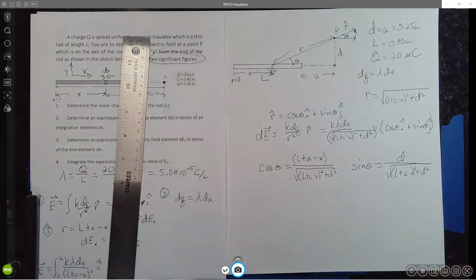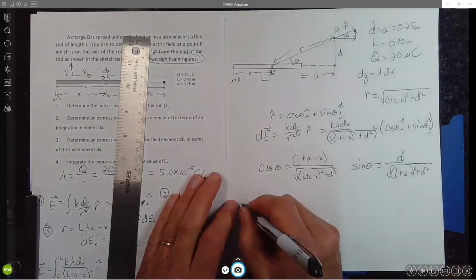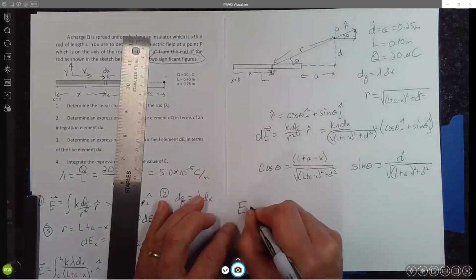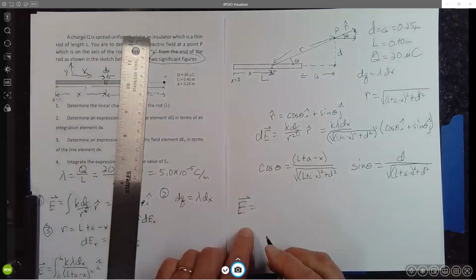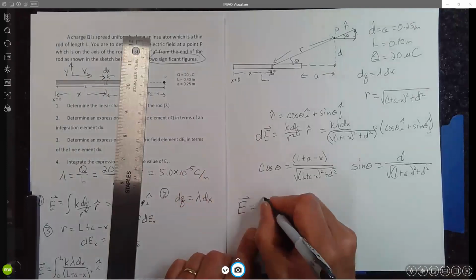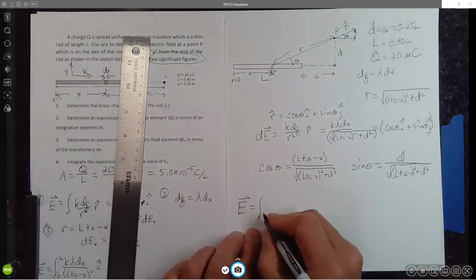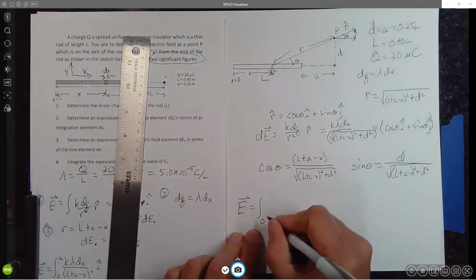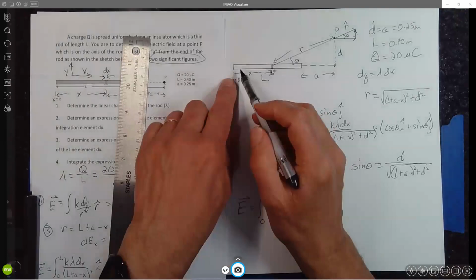Okay, well, all we have to do is integrate this, right? So E, and this is E as a vector, will equal the integral from 0 to L, because that's where x goes from.